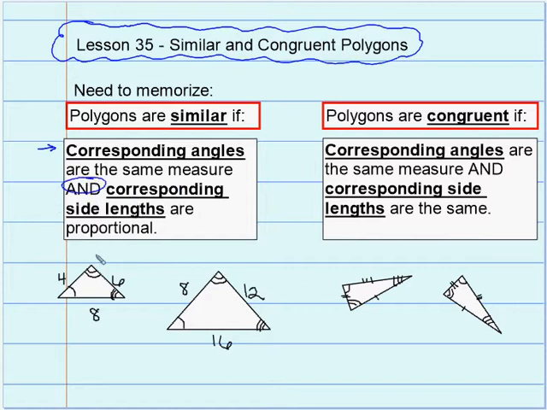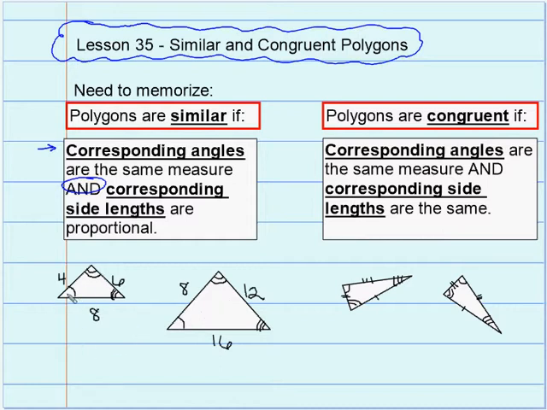Now, I know that they are similar if their corresponding angles are the same measure and corresponding side lengths are proportional. So we have to write a proportion with the corresponding side lengths. Now remember that similar polygons may be flipped over or upside down or rotated. We can use those transformations, and we need to make sure that we match up the corresponding sides.